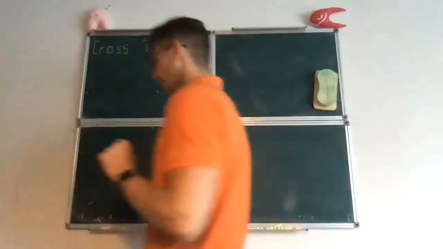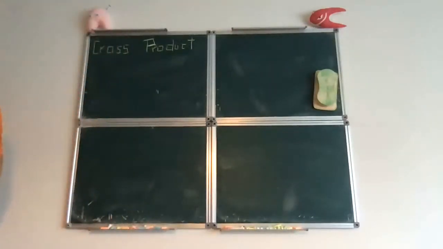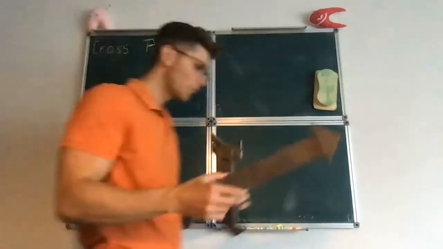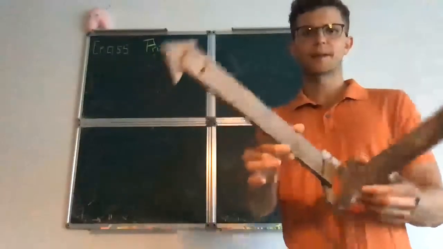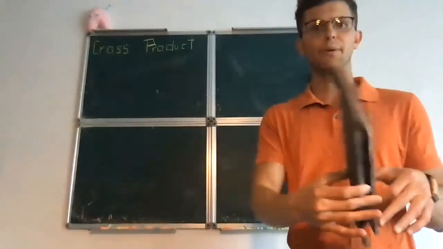Now, if you think about it, so far we have worked with the dot product of two vectors, which basically takes two vectors and produces a single number, right?